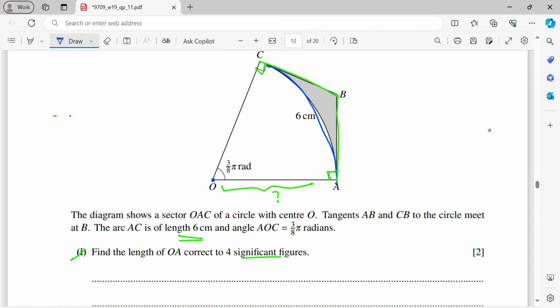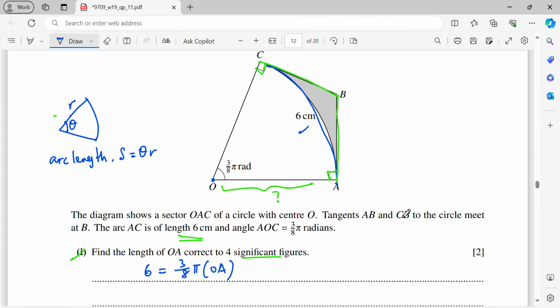Okay, so from here, since the arc length of the sector AOC is given as 6, just for information, if this is a sector, here is theta, and the radius is r, the arc length is basically S equals theta r. So I will use this to find OA. So now 6 equals my angle times OA, because OA is the radius.